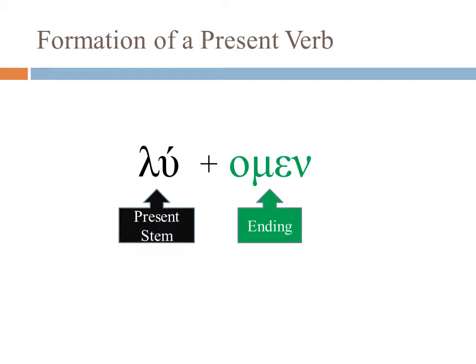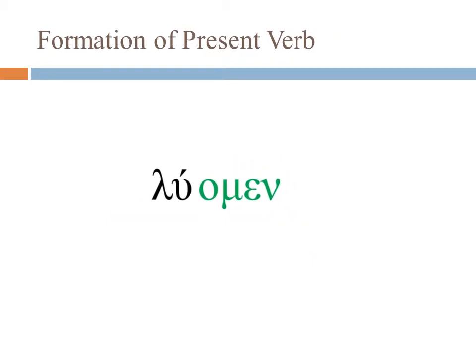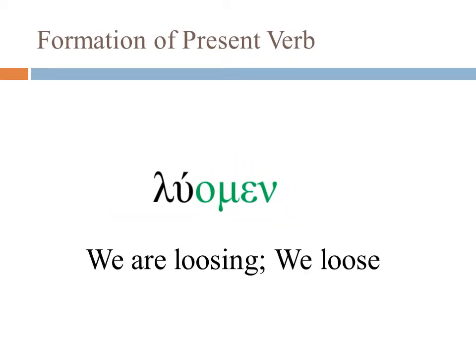In this case, amen, the first person plural. And we would get luomen, we are loosing, or we loose. Remember, in the present, we want to have the continuous be our default. So we want we are loosing to be the default with the understanding that we loose is also grammatically correct.